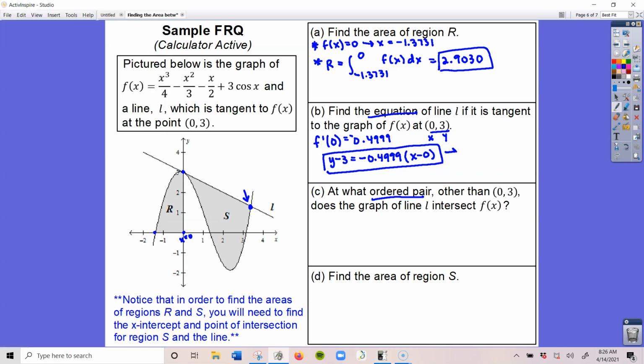So I have y minus 3 is equal to -0.4999, and then x minus 0 is just x. So I add the 3, and the equation is y equals -0.4999 x plus 3. So this is what I'm going to input into my calculator.